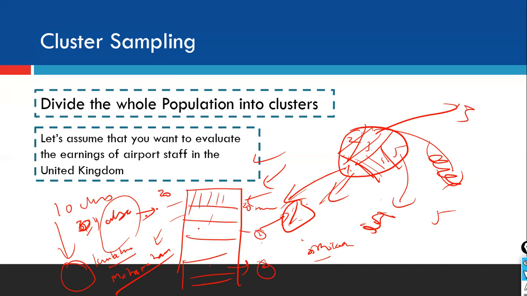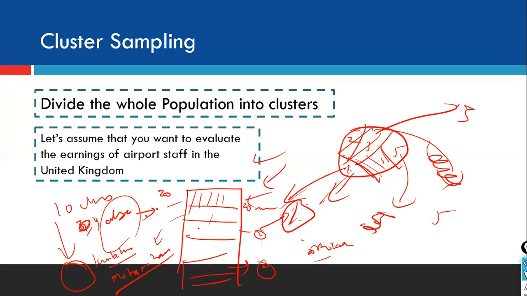Each floor has a mix of people from across India staying there. So if you take only 3 clusters, 3 floors, randomly, and send your people to run a survey with all the people on those 3 floors, you will get to know, because there is a 100% chance, or 90% chance, that people from all the states are mixed and staying there.